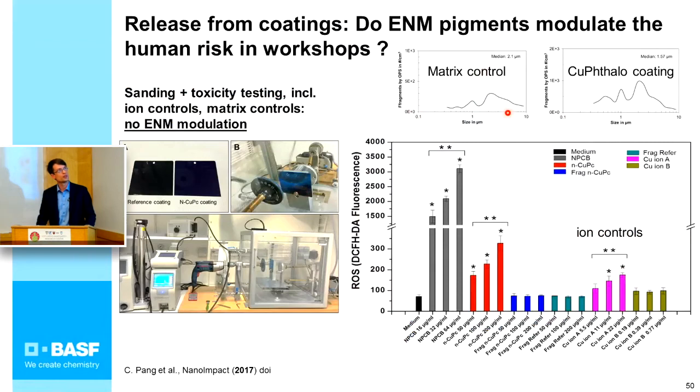We looked at size distributions, and I just want to highlight here that we then did cytotoxicity. We do have an effect from the ion controls, which we adjust to be the same copper content as in the fragments that we look at from the coatings. So this has the same copper content, but in fact, we don't see an effect from the fragments. We do see an effect from the pure materials, but not from the fragments.